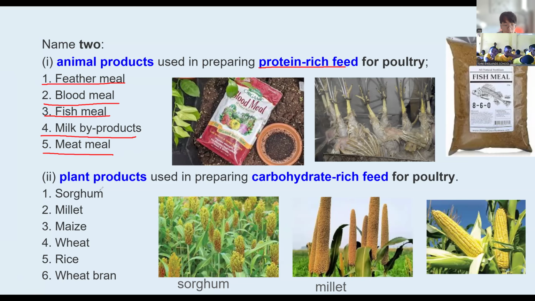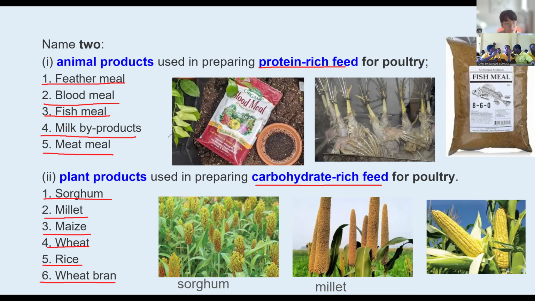And carbohydrate-rich feeds are made from plant products, things like sorghum, millet, maize, wheat, rice, and wheat bran. All of these are examples of sources of carbohydrates.